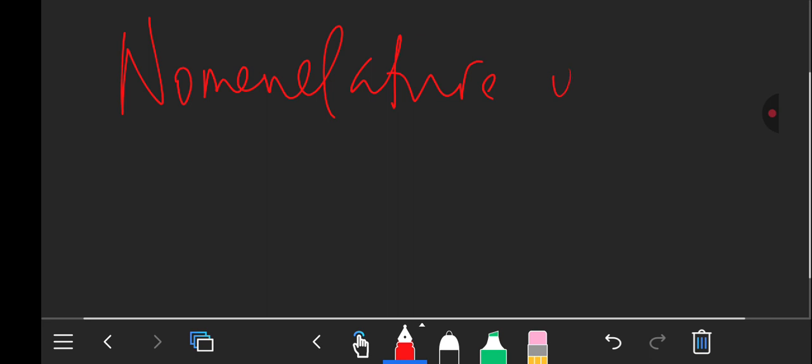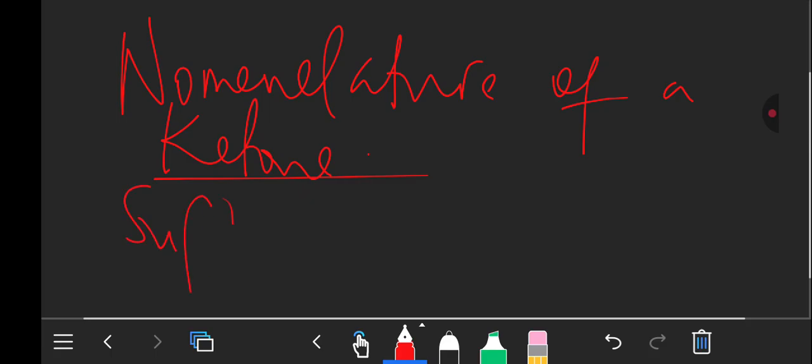So let's look at the nomenclature of a ketone. When you're dealing with a ketone, the suffix for a ketone always ends with "one", O-N-E.